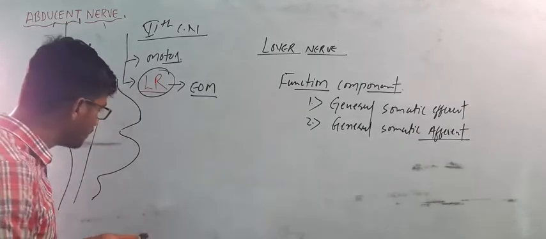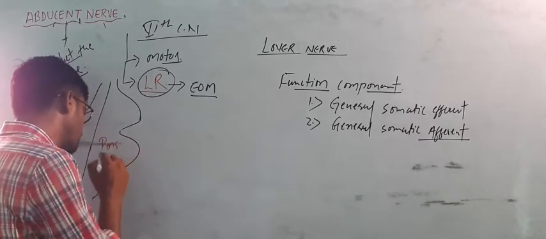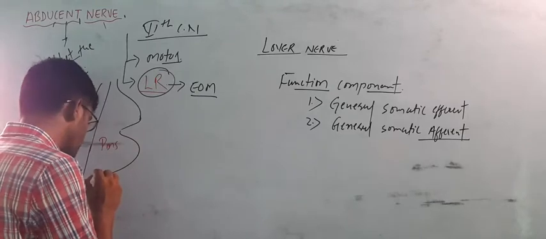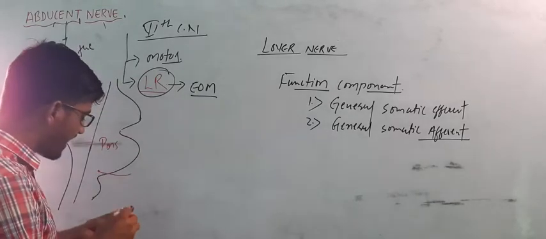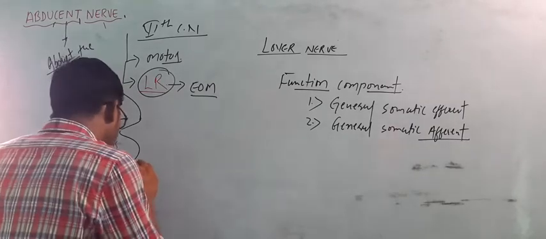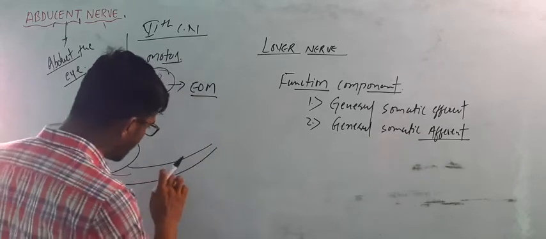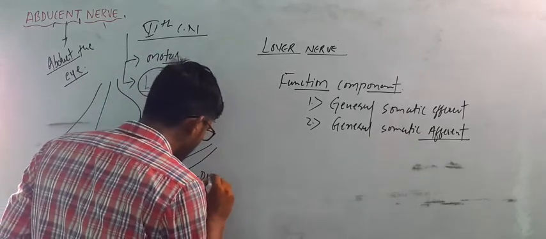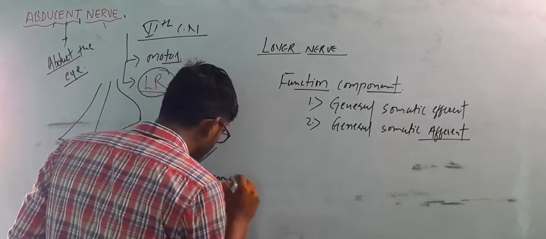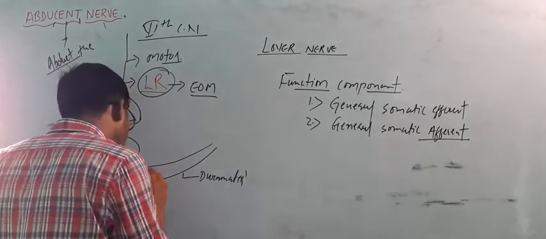Actually, it arises at the lower border of the pons, and this part is the dura mater. So it runs in this dura mater.